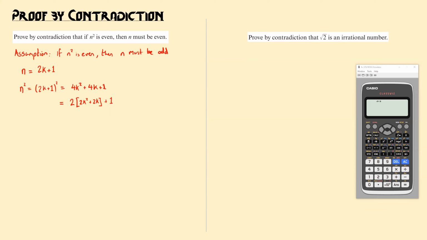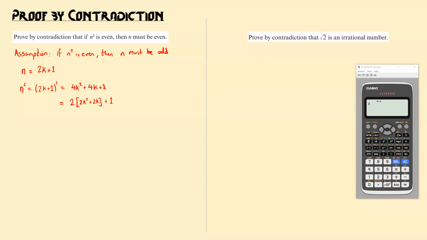This is 2 times something plus 1, so this is actually odd, because the first part's even, plus 1 is odd, and therefore that's not showing us that n squared is even. So if n is actually odd, then n squared is odd, which is basically the opposite of what we wanted to show. So we just need to put that down here.